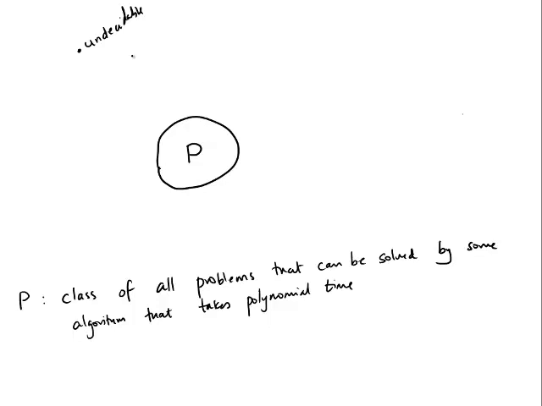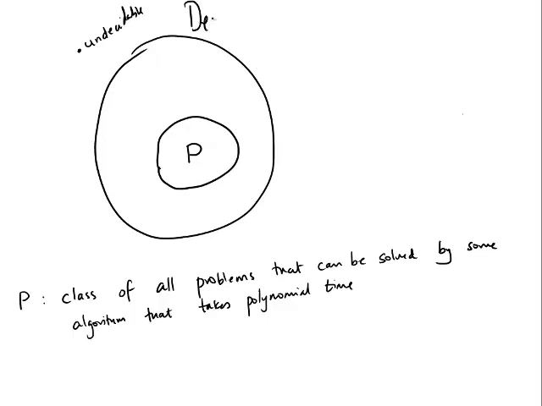But now let's look at the class of problems that are decidable. Even here you could ask, is every such problem solvable in polynomial time? And the answer again is no. There are problems that require more than polynomial time. For example, if I give you a context-free language and ask whether it's contained in a regular language, it turns out that this is decidable.